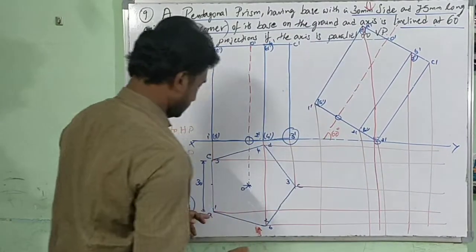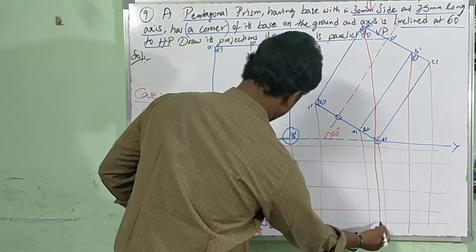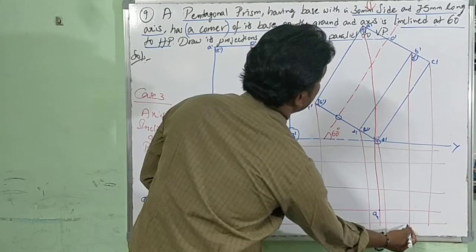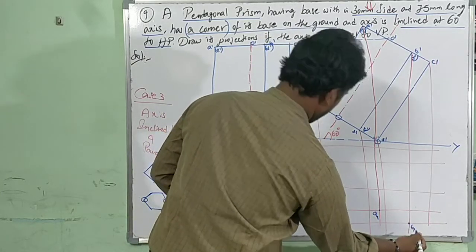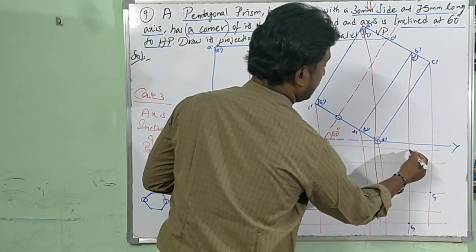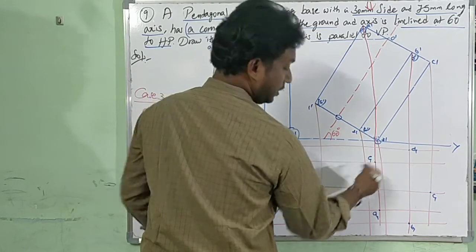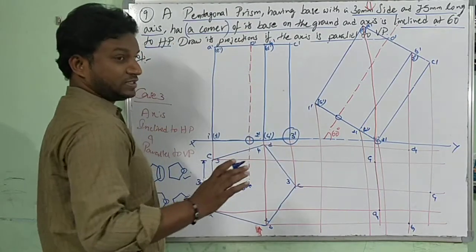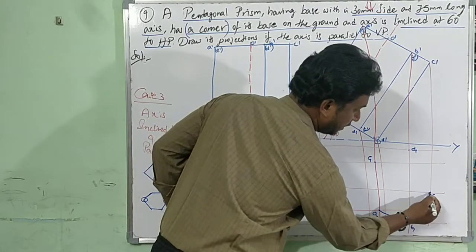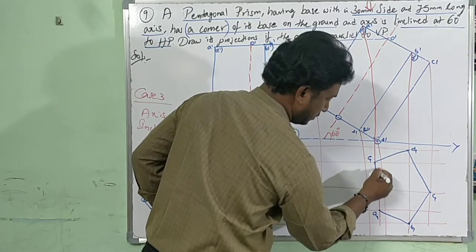Pick the points. A here, A1, B, B1, C, C1, D, D1, E, E1. First, which is clearly visible? A1, B1, B1, C1, C1, D1, D1, E1.